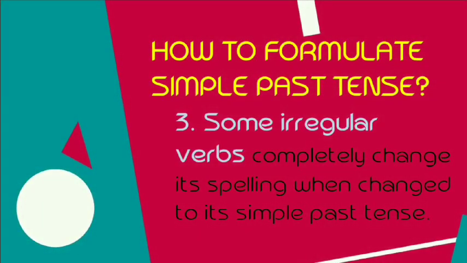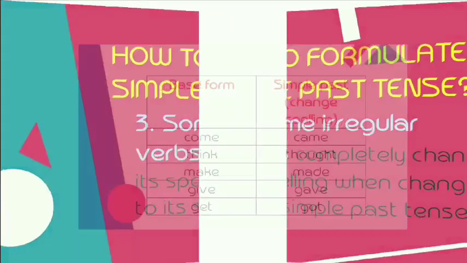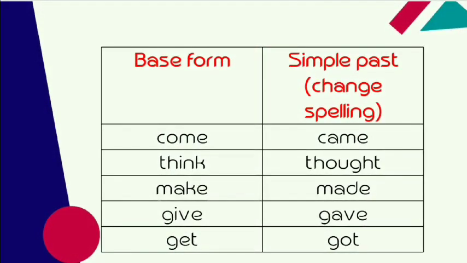Another. Some irregular verbs completely change their spelling when changed to the simple past tense. For example, the base form is come. When you make it a simple past tense, it needs to change a part of the word, and the spelling changes into came.